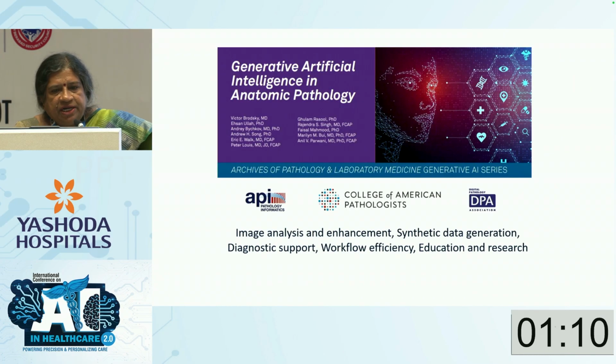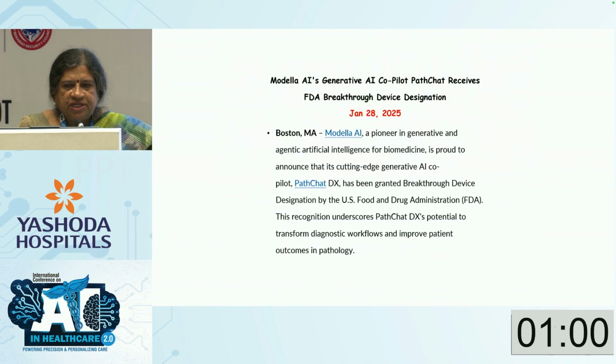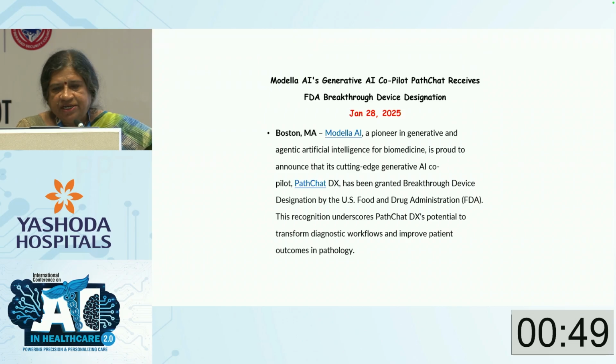Coming to generative AI in anatomic pathology, this is used for image analysis and enhancement, synthetic data generation, diagnostic support, workflow efficiency, education and research. And this is an example where the generative AI co-pilot PathChat received FDA breakthrough device designation in January 2025, and it has the potential to transform diagnostic workflows and improve patient outcomes in pathology.